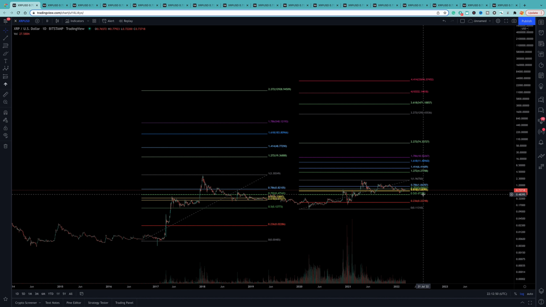XRP isn't really going to take off until it comes out properly, officially, that it's the Ripple ledger that is replacing the SWIFT network. Once that is officially announced worldwide, and everybody's adopting the Ripple ledger to replace the SWIFT system, then $74 is nothing. Going up to $10,000 is more realistic.